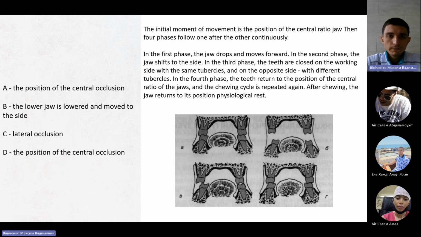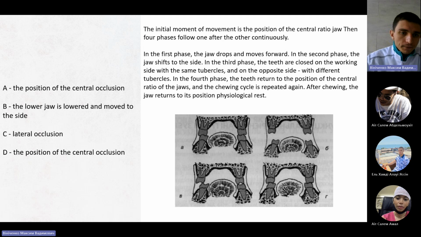So in the first phase, the jaw drops and moves forward. In the second phase, the jaw shifts to the side, to the working side. The teeth are closed on the working side with the same tubercles, and on the opposite side with different tubercles.